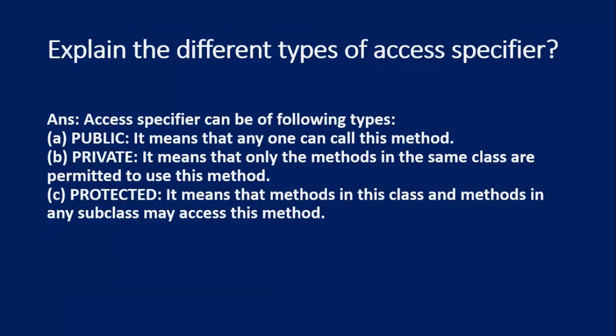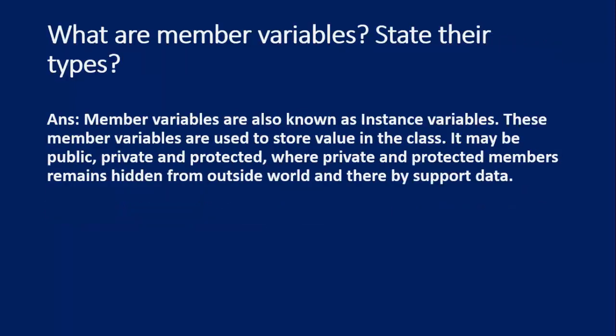Explain the different types of access specifiers: public, private, and protected. Public means anyone can call this method. Private means that only methods in the same class are permitted to use this method. Protected means that the methods in this class and methods in the other subclasses may also access this method.